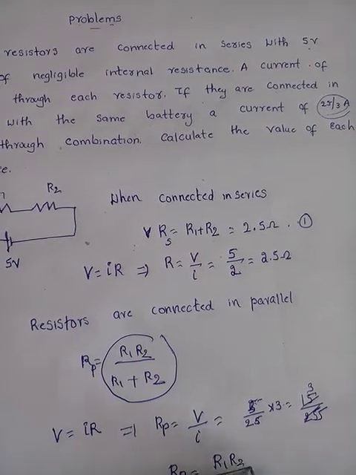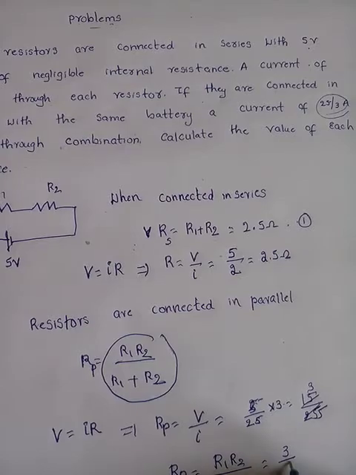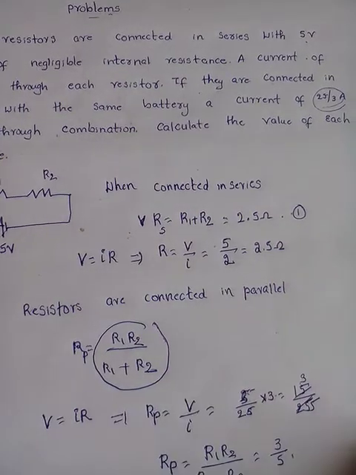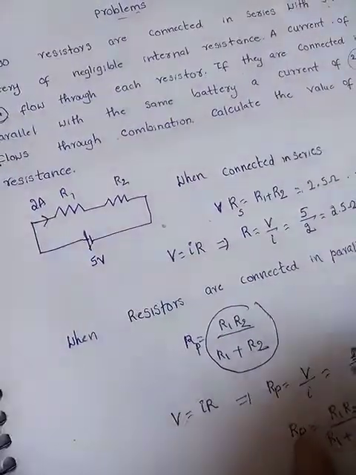So Rp equals what here? R1 R2 by R1 plus R2 equals 3 by 5. Now we can substitute equation 1 in here. Substituting the values, R1 R2 by R1 plus R2, we got R1 plus R2 equals 2.5.